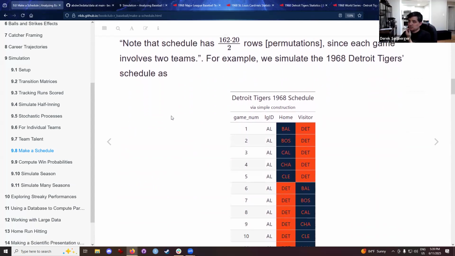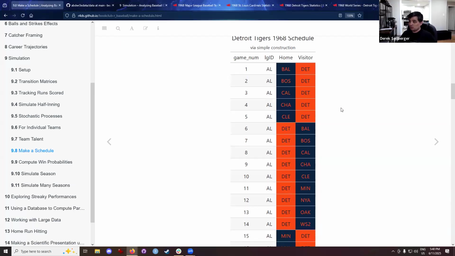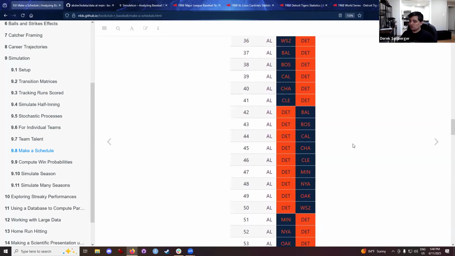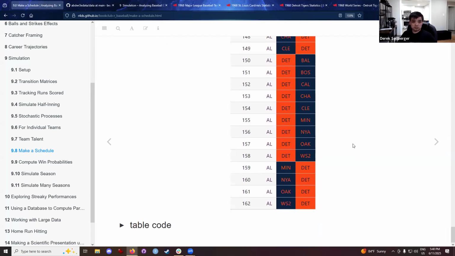I wanted to double check that the code is working, so I picked on the 1968 Detroit Tigers. You'll notice that the Tigers are lined up facing their opponents mostly in alphabetical order. Half the games are at home, half are away, and this also verifies that the schedule did indeed produce 162 games. The 162 is the same denominator that we have today.